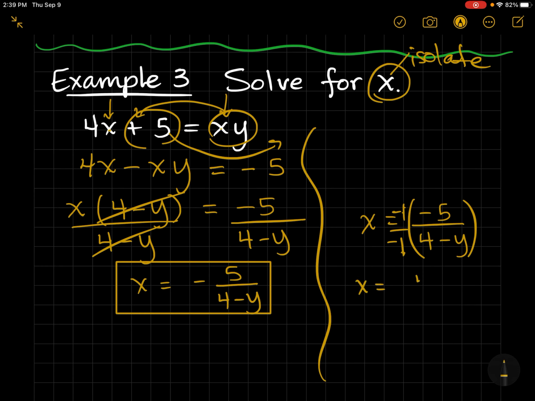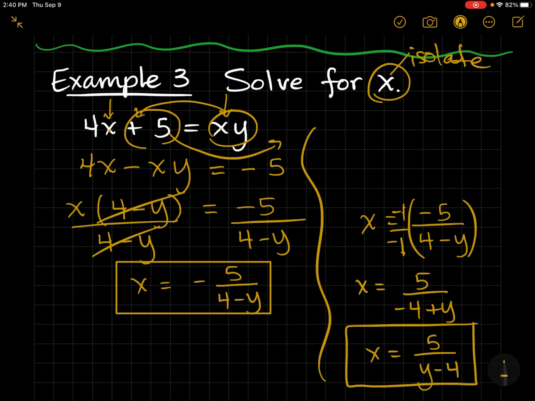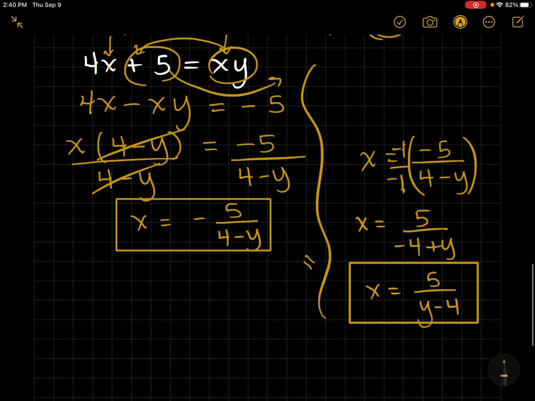But what would happen is I'd get positive 5 over negative 4 plus y, which is positive 5 over y minus 4. So this is equivalent to that. And I want you to realize that. So instead of putting the negative with the numerator, you could just factor that negative through the denominator, and it'd be the same thing. Okay?